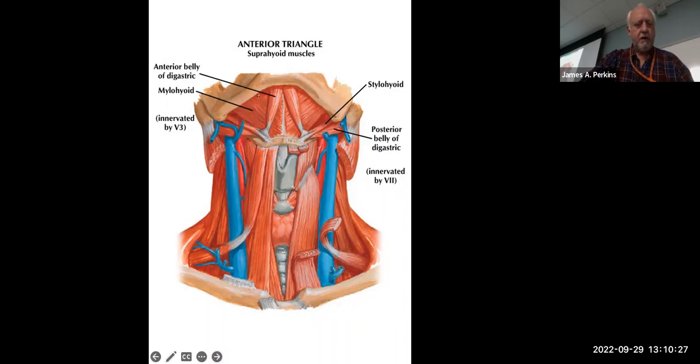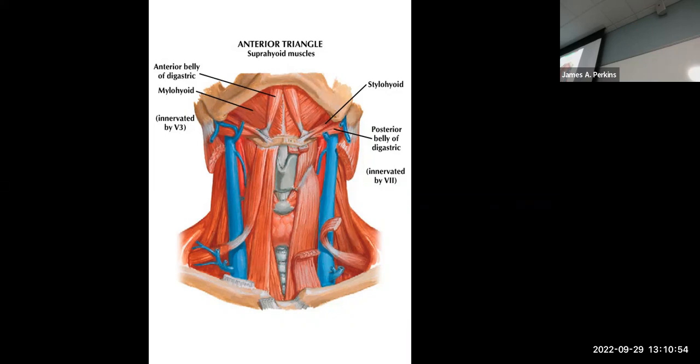There's another muscle that lies deep to the anterior belly of the digastric. This is called the mylohyoid muscle. It has its origin all along the inner surface of the mandible. There's a ridge on the medial surface of the mandible called the mylohyoid line, and that's the origin for the mylohyoid.